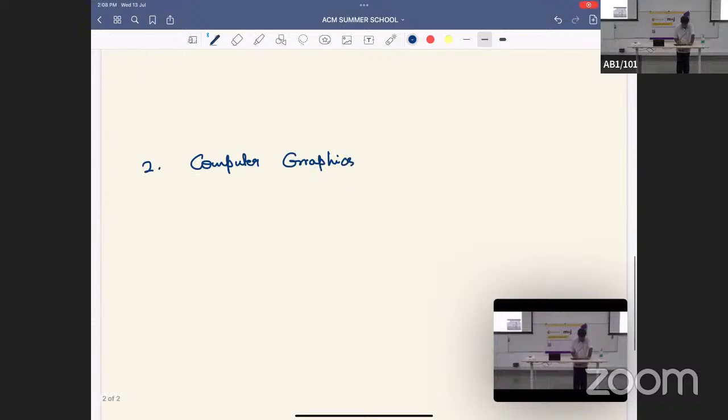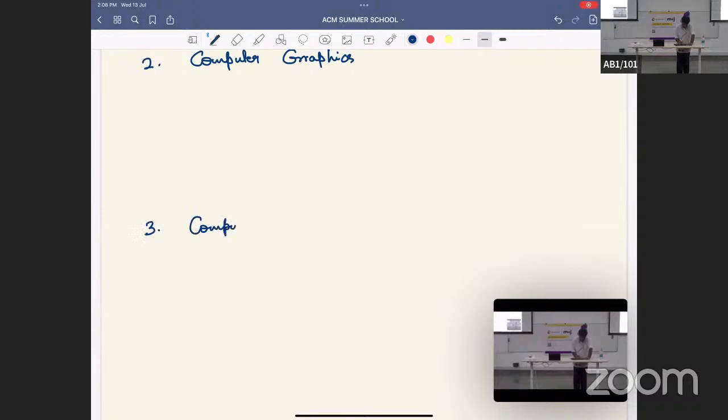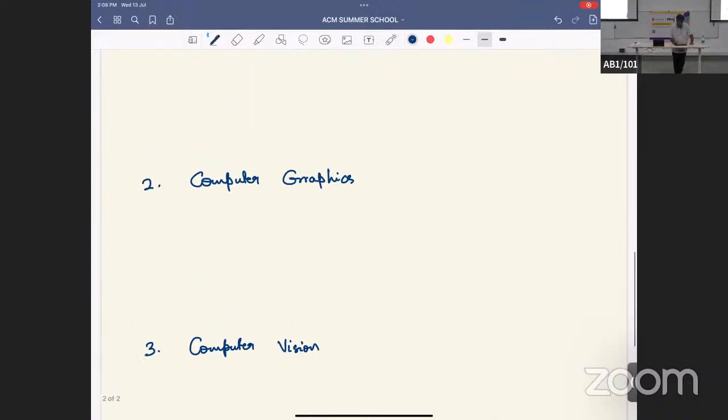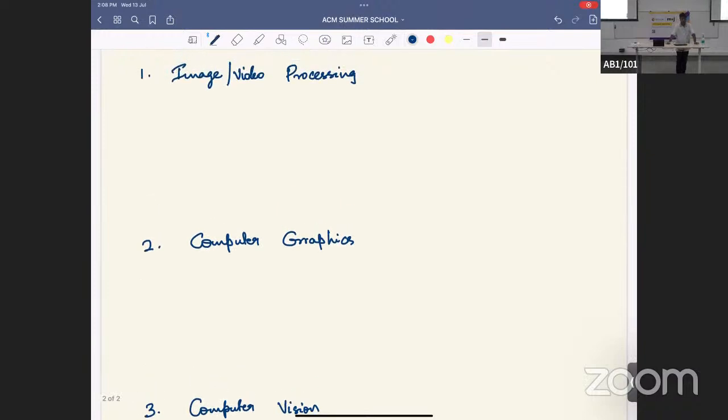And the third one is computer vision. Before we proceed further, we will look at some examples and basic concepts. So what are these 3 terms: image or video processing, computer graphics, and computer vision.